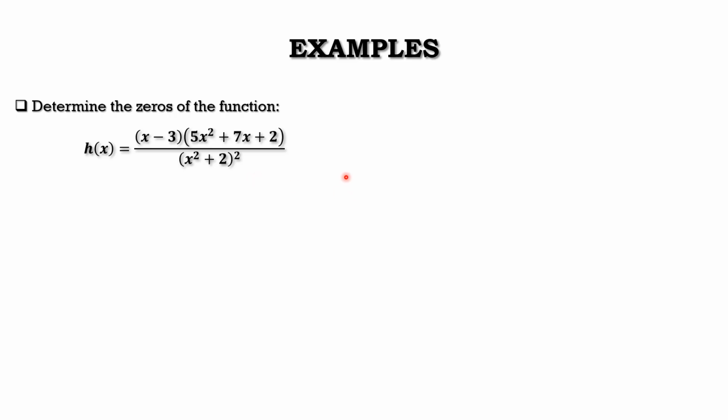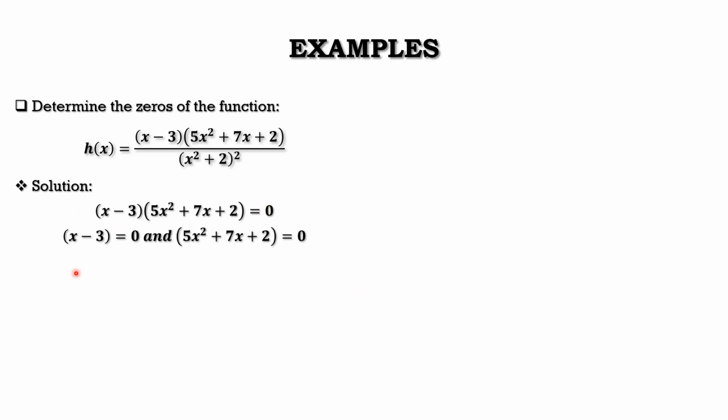To find the zeros of this function, we just have to equate the numerator, which is x minus 3 multiplying 5x squared plus 7x plus 2, to 0. Then we are going to have these two factors here. So this expression means that x minus 3 is equal to 0 and 5x squared plus 7x plus 2 is equal to 0.